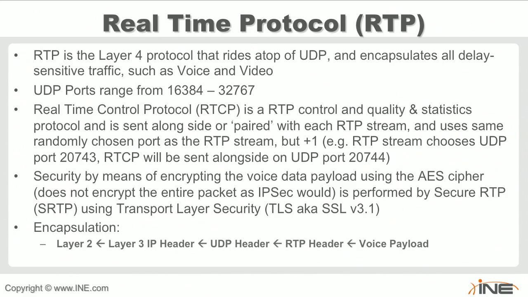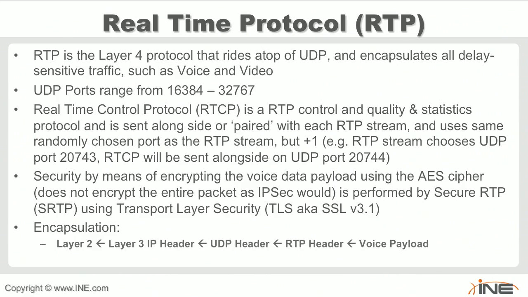So taking a look at something called the Real-time Control Protocol, or RTCP. Every time we have RTP, the Real-time Transport Protocol, we also have, going right alongside it, the Real-time Control Protocol. This monitors things like quality and statistics for the RTP protocol. And like I said, it's paired with the RTP stream.